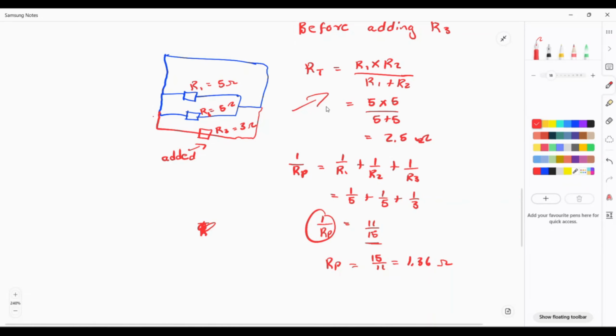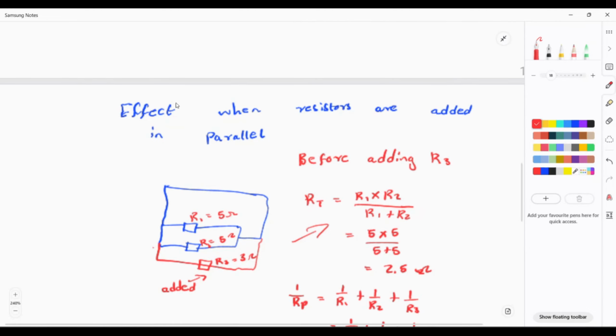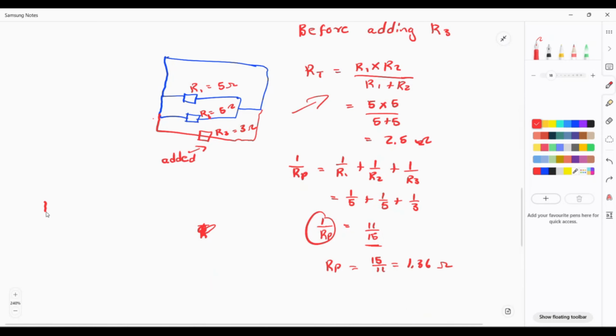Okay. So the first thing that you have in this case, effect: when resistors are added in parallel, the first thing that happens is RT, or the total resistance, decreases over there.